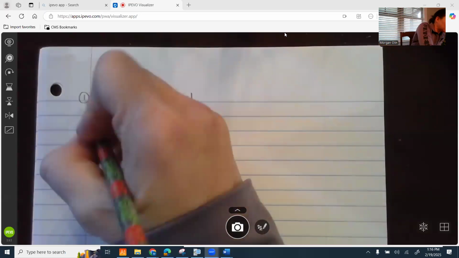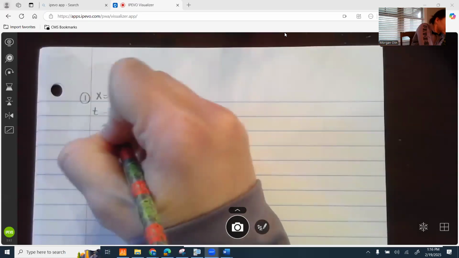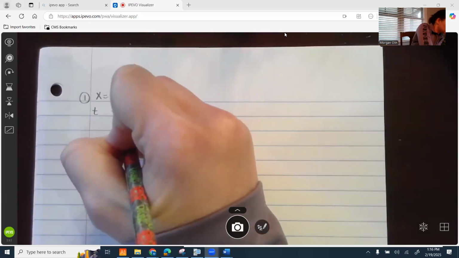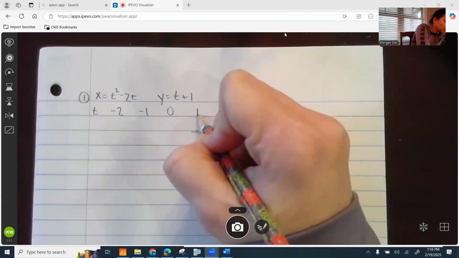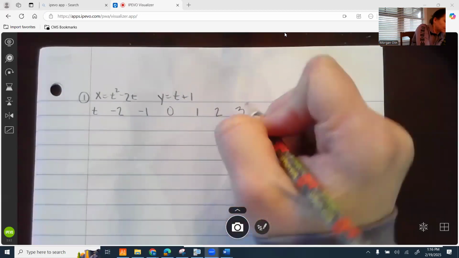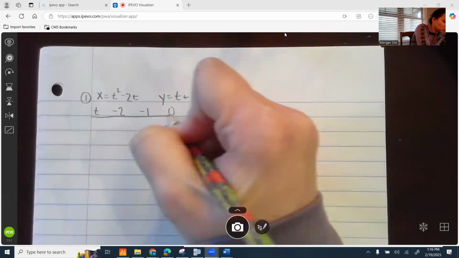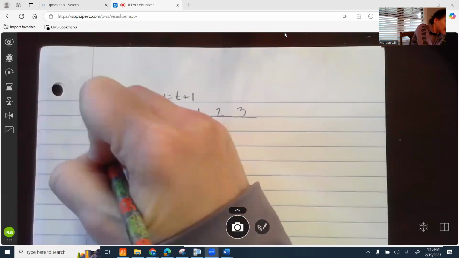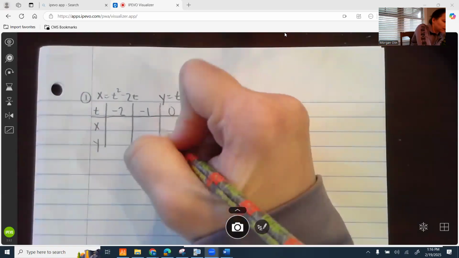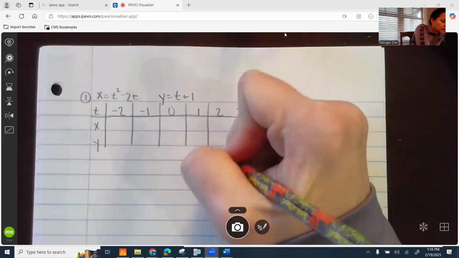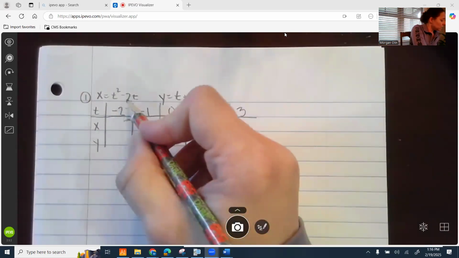I'm just going to start at t values of, let's say, -2, and we could do more than this if we want: -1, 0, 1, 2, 3. We've got some negatives in there, positives in there as well. All right, and we're going to find the x and we're going to find the y.